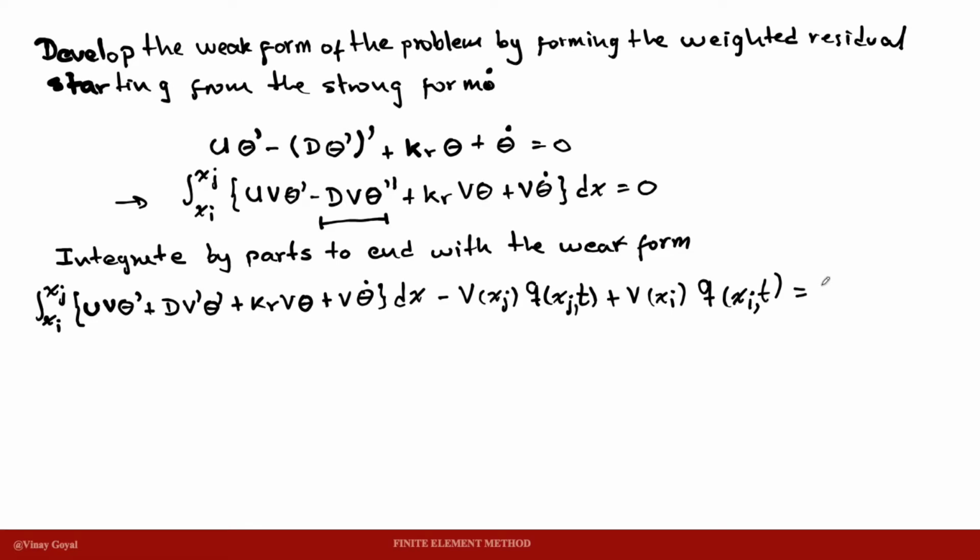And all of this is equal to 0. So what I'm saying is q is just D theta prime. Okay, so that's our natural boundary condition, or our natural boundary term.